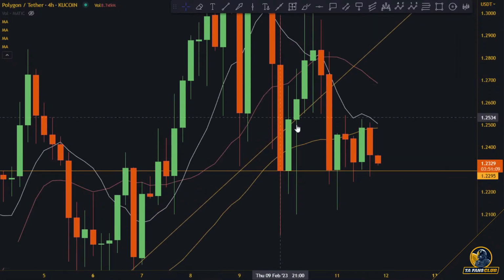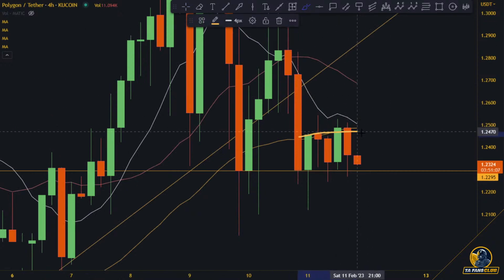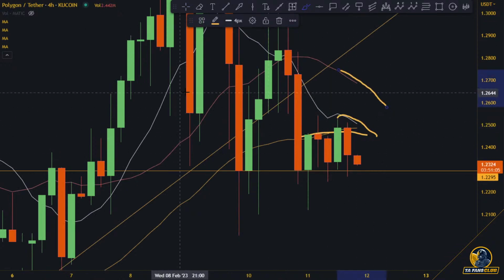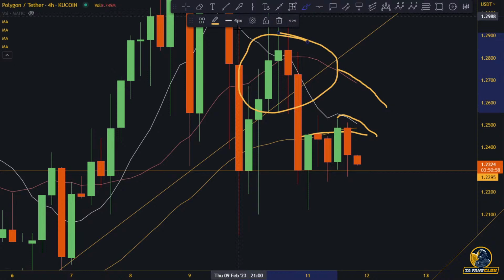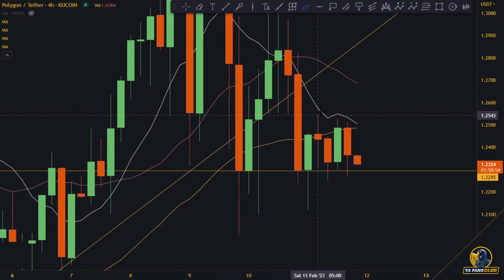If you look at the moving averages up here, they're above us. So we got everything above us. It already fell through the support. It already had a retest up here that we failed. And right now it's pulling down.